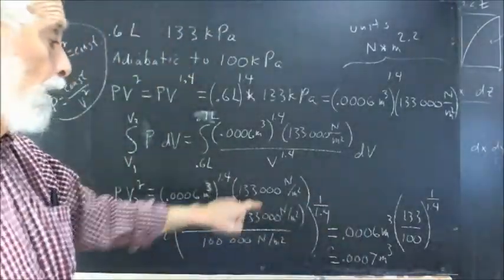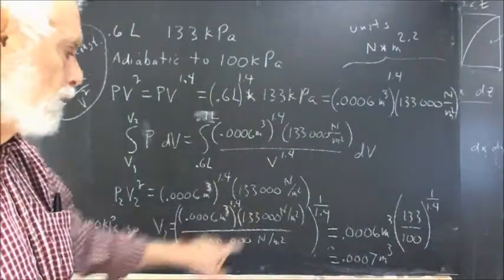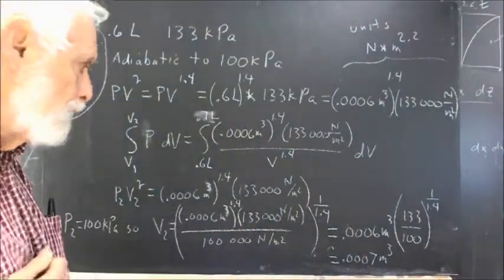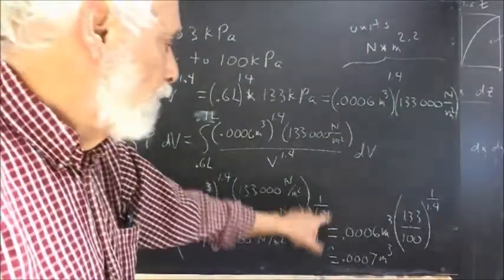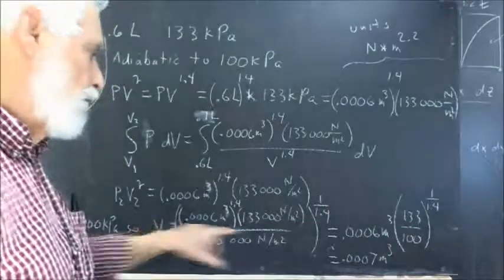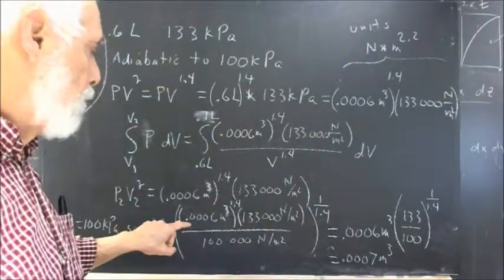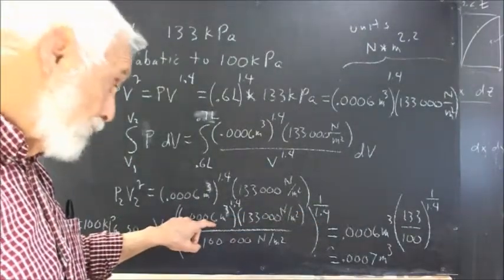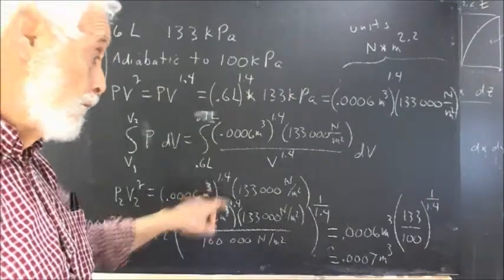We have here our 4 over 3 ratio, or 133 over 100 to be more precise. The 1 over 1.4 power applies to that ratio, just by laws of exponents, and the 1 over 1.4 power applies to the 0.0006 cubic meters to the 1.4.